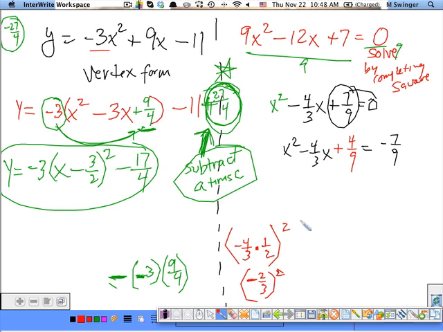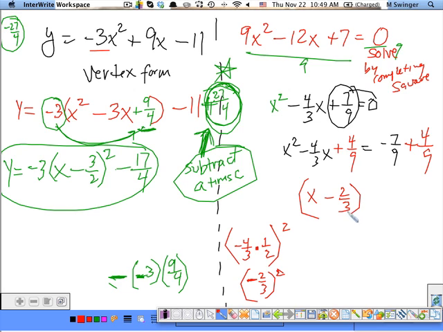Hopefully you're here. Okay, now positive 4 ninths here, and since there's no parentheses, I can just do this, plus 4 ninths here. Okay, it's good. Plus 4 ninths, plus 4 ninths. Here we go. X minus, this is now a square. You made it one, which is, what is that? B divided by 2, which is negative 2 thirds.